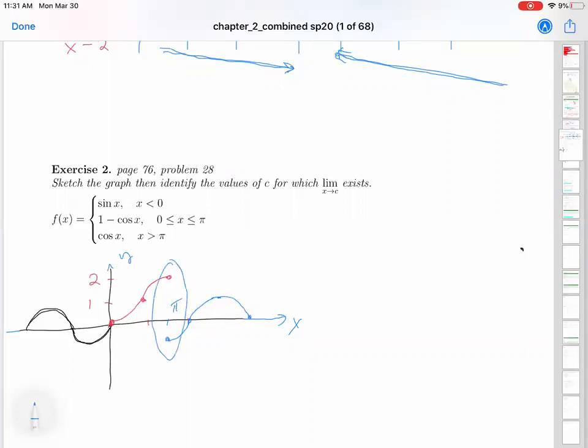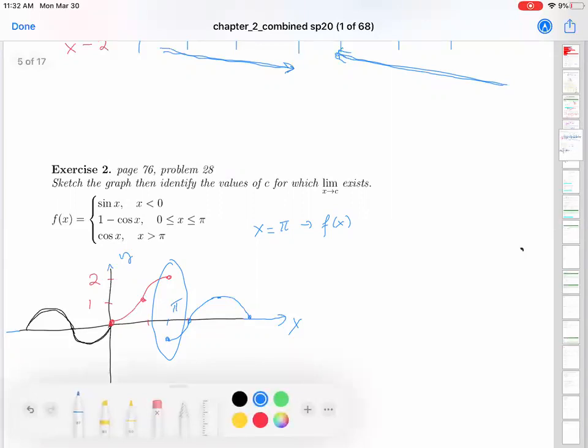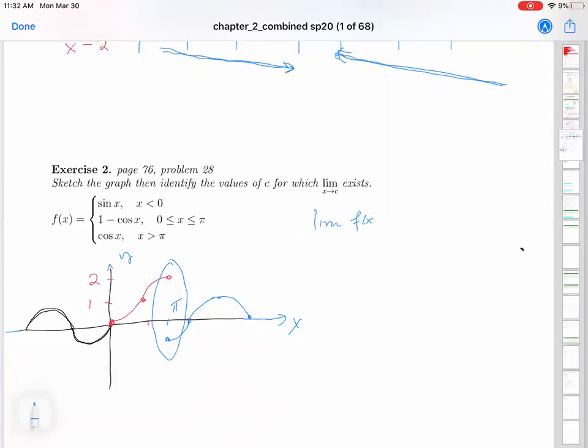So except when x equals pi, let's say we look at the limit of the function f of x when x goes to pi. Do you have the limit?